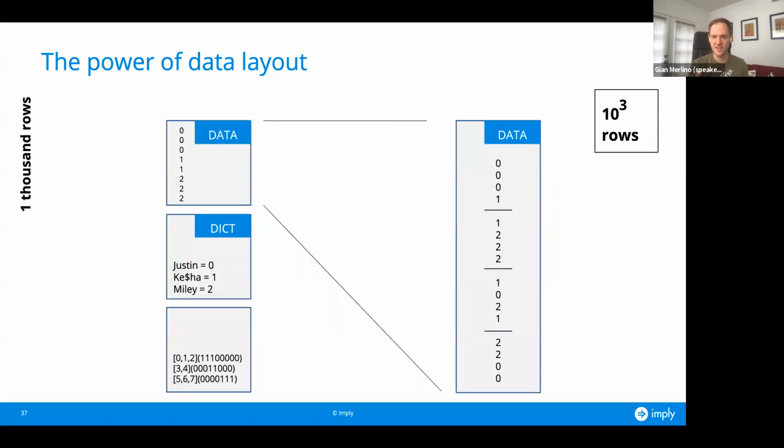One interesting thing to look at is, let's say that we are trying to read data for Miley. So Miley is 2, and the 2s appear in 3 out of the 4 blocks. What that means is that we have to read 3 out of the 4 blocks if we're filtering on artist equals Miley. And if we're often filtering by artist, it can be wasteful to have the data all jumbled up like this.